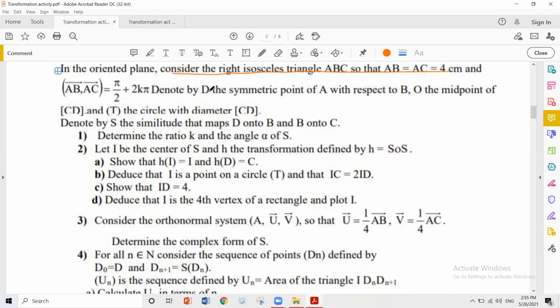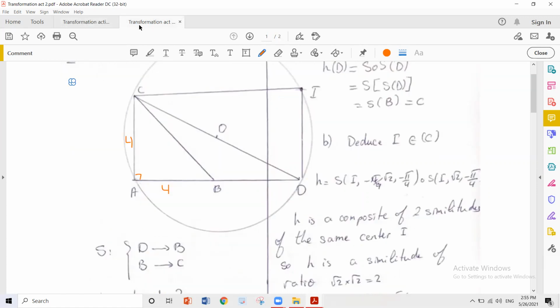Denote by D the symmetric of A with respect to B. This is the symmetric of A with respect to B. This one is also 4, this one equal that one.